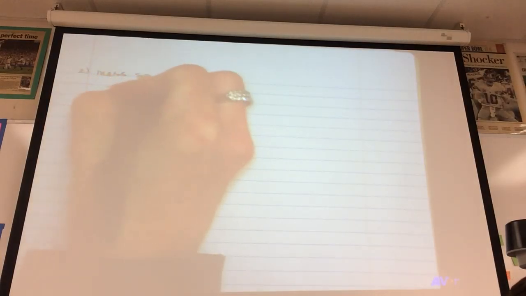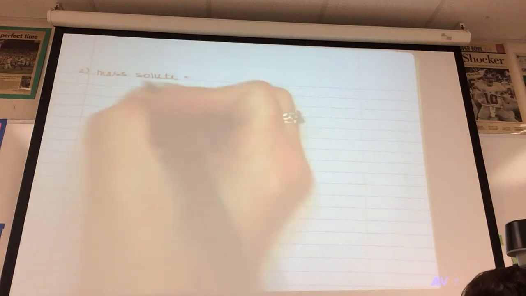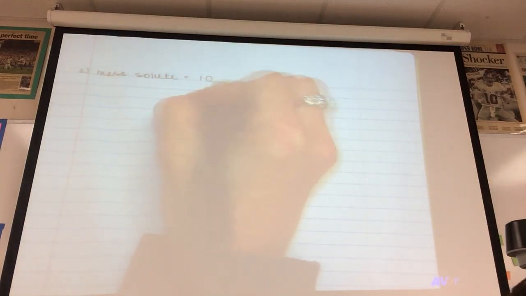Let's get it down and let's see if you can get it to rip. It looks like some of you are way ahead of me already because you like to figure it out yourself, which is good. The mass of the solute is 10.6 grams.